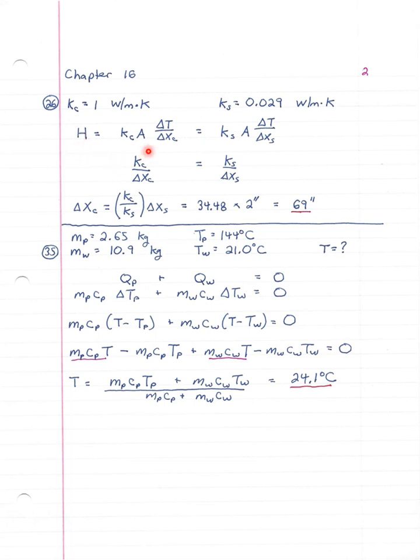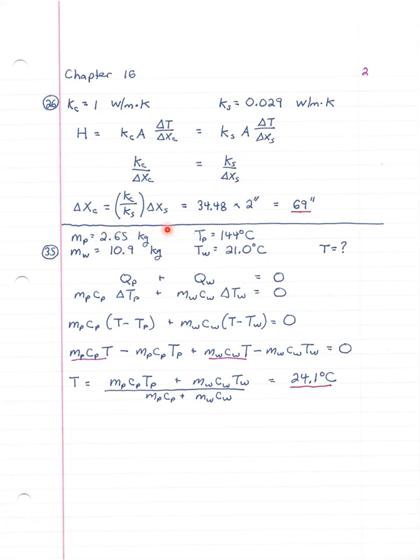The area of the wall is going to be the same, whether it's styrofoam or concrete. The difference in temperature is the same. And when we divide out the things that stay the same, we're left with the ratio: K of concrete over the thickness of the concrete equals K of styrofoam over the thickness of the styrofoam. Then we solve for the thickness of the concrete.